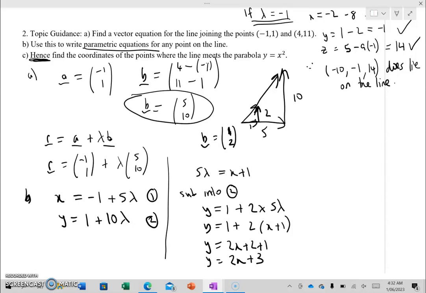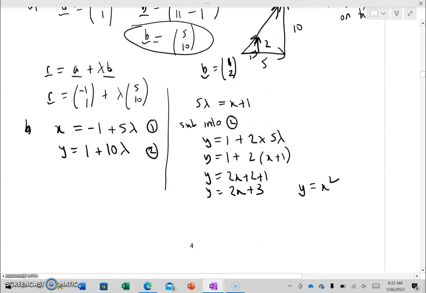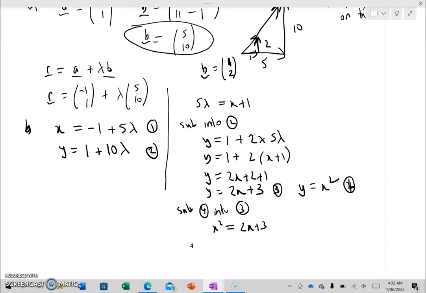And I'm basically solving y equals 2x plus 3 with the parabola y equals x squared to work out any points of intersection. So let's sub. I'll use different numbers because I've already used 1 and 2 for equations. So sub equation 4 into 3. So x squared equals 2x plus 3. Bring over one side. Now let's factorize.